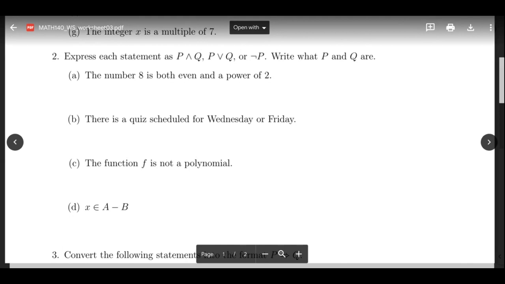Call the first statement P, call the second statement Q, then try to figure out P and Q, P or Q, and not P. You don't have to type, this is too much to type in. You can answer me through the audio, okay? If you're ready, we'll start with you for A.